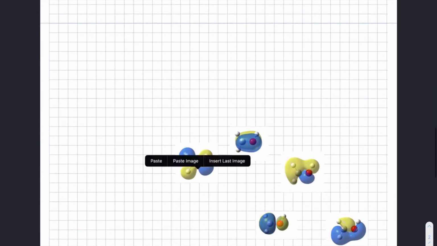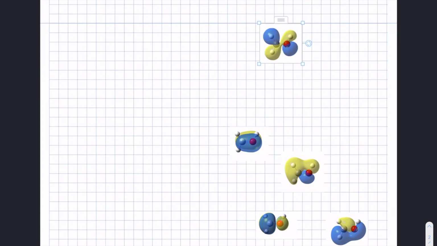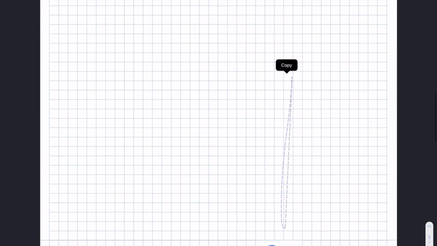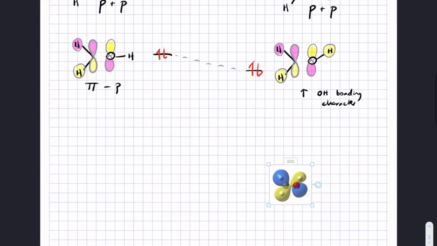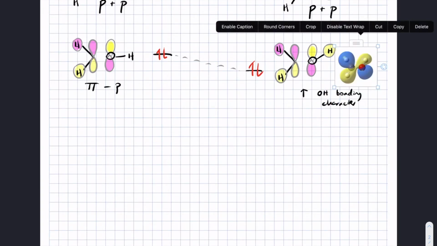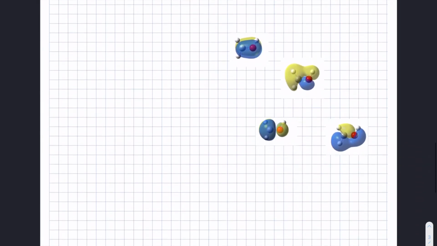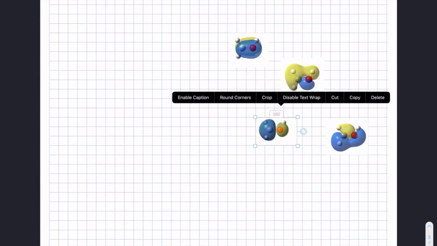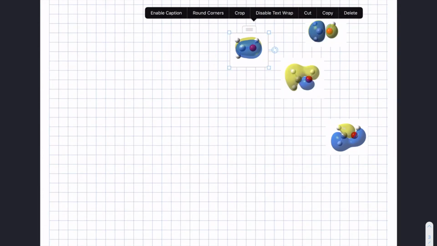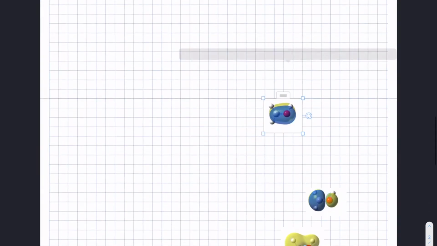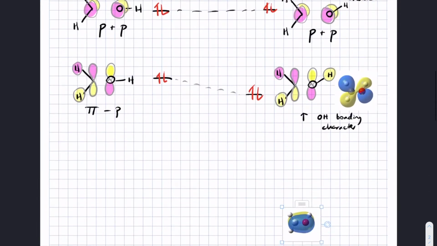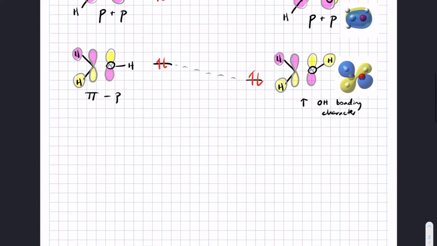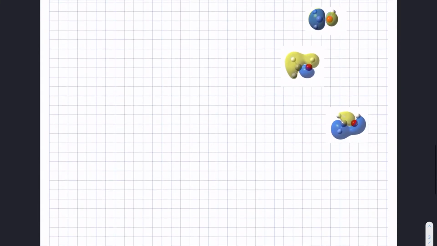No, this one looks kind of like the pi one, right? Okay. The one in the middle there? This is the pi, p plus p. What are we looking for? Regular pi and sigma out. This would be the pi star, which we don't need.